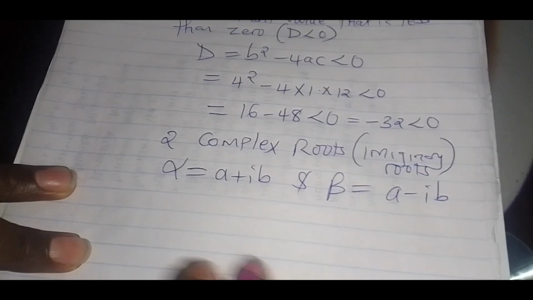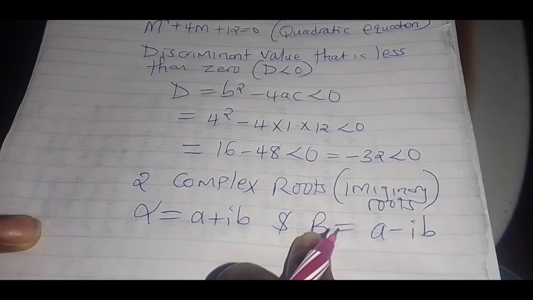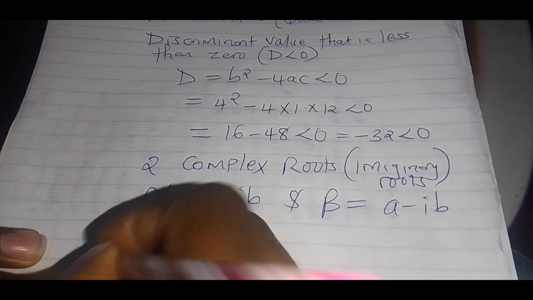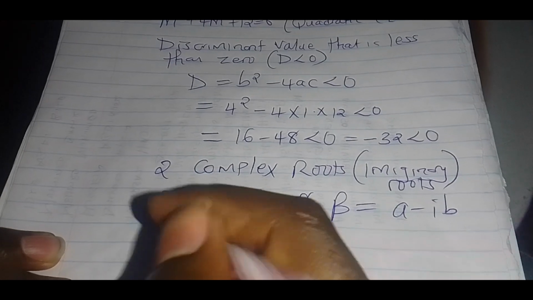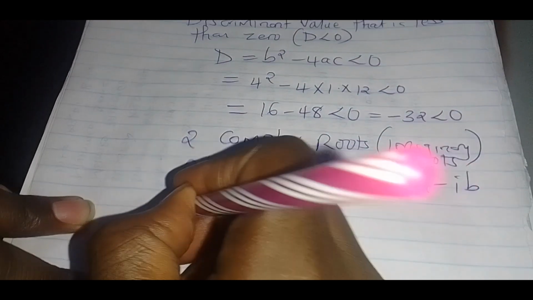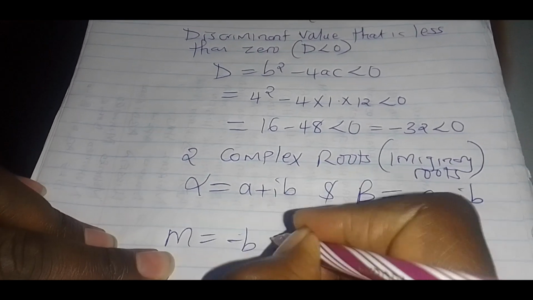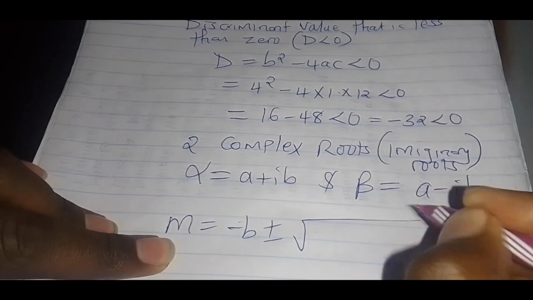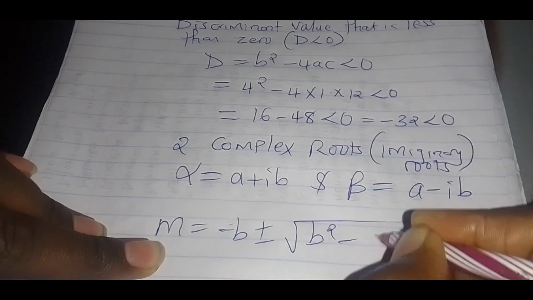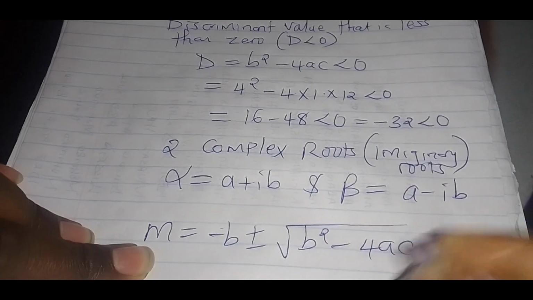So to calculate alpha and beta, we apply the quadratic formula. So our m is equal to minus b plus or minus the square root of b squared minus 4ac over 2a.